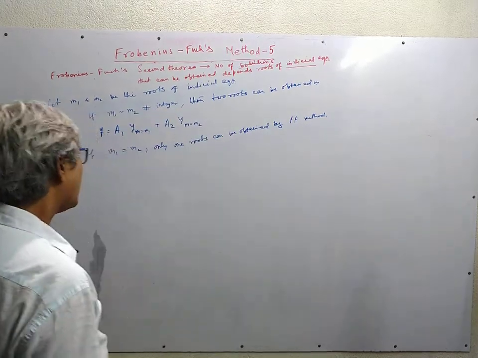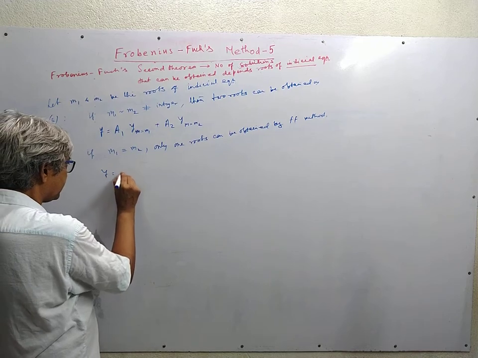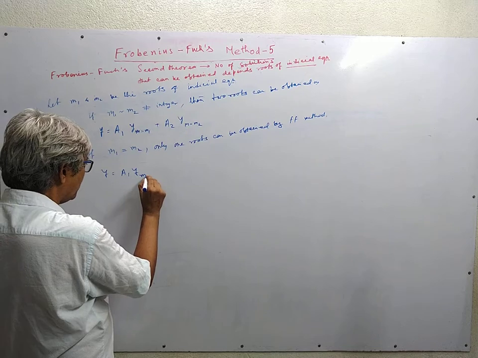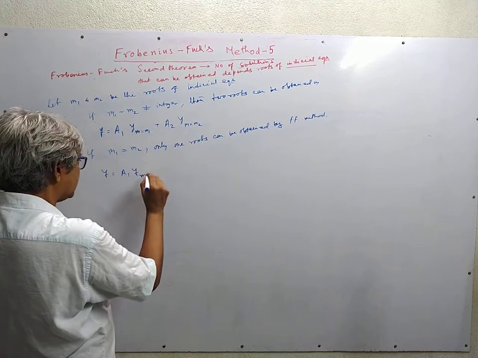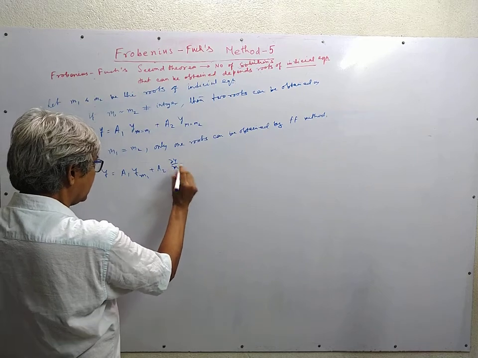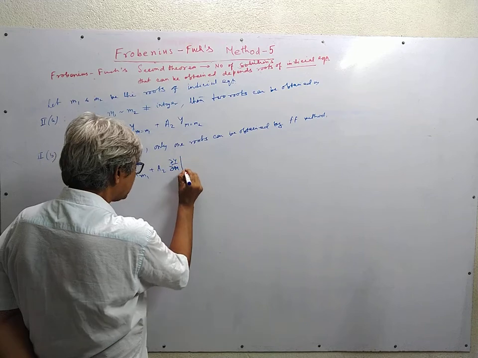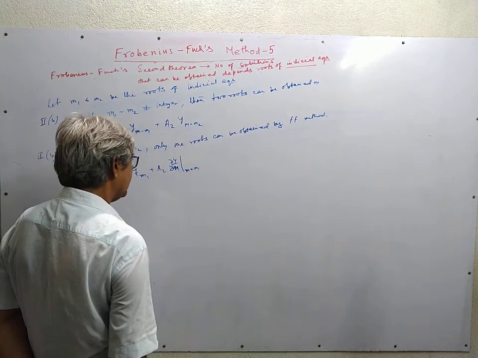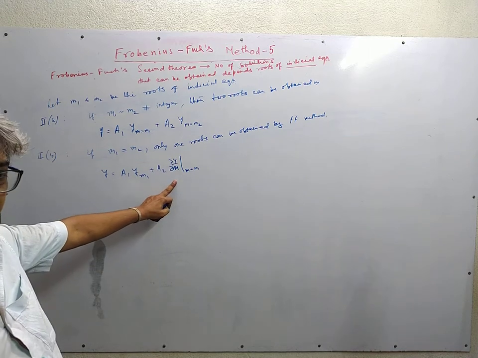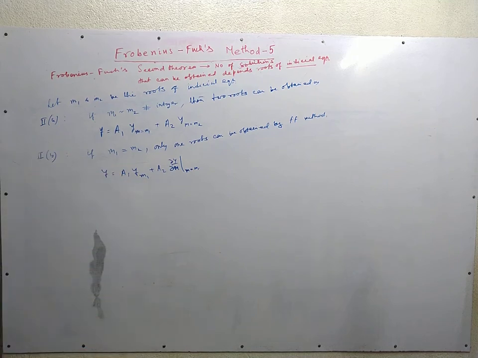The other solution can be obtained easily, so the general solution can be written as a1 y at m equal to m1, plus a2 del y by del m with m equal to m1. But note that this is not the Frobenius-Fuchs method. It is an outcome of some other method called the Wronskian technique.